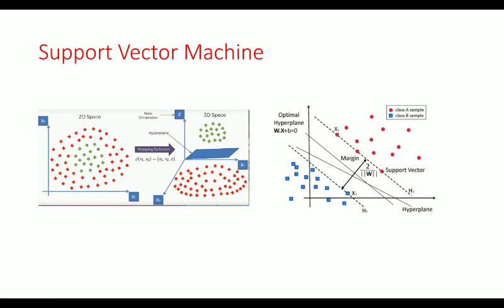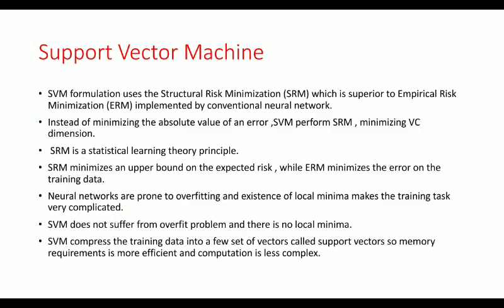The samples nearer to this margin or boundary, x1 and x2, these two vectors we call support vectors. Using these support vectors, we can decide which class a particular testing sample belongs to. So using the support vector machine, we can simply classify the text and non-text regions.